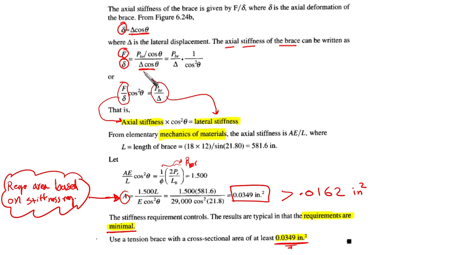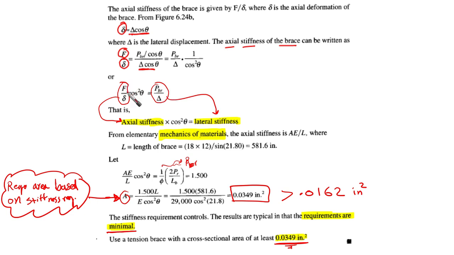So you find it equals P BR over delta times 1 over cosine theta squared. Or in short, F over small delta times cosine theta squared equals P BR over delta.